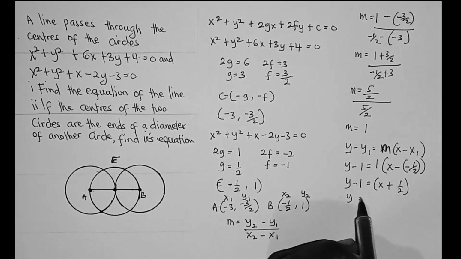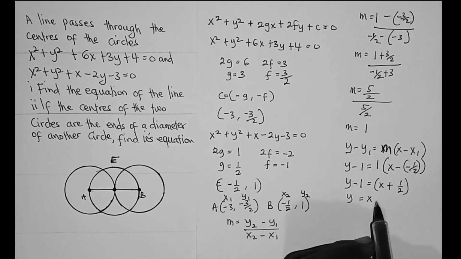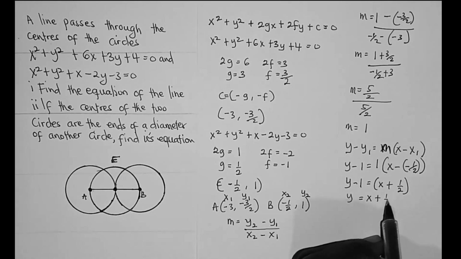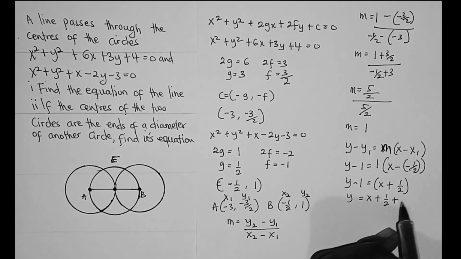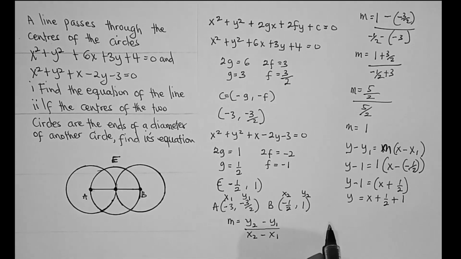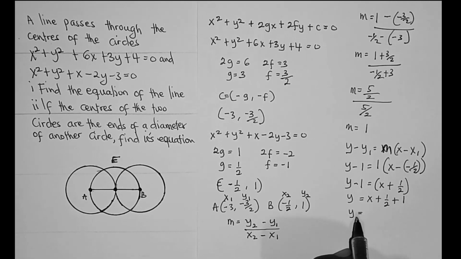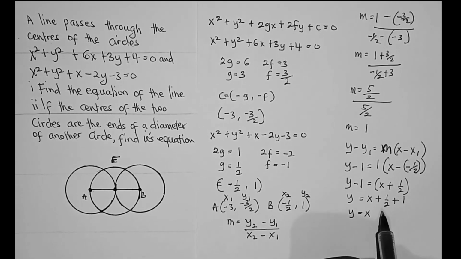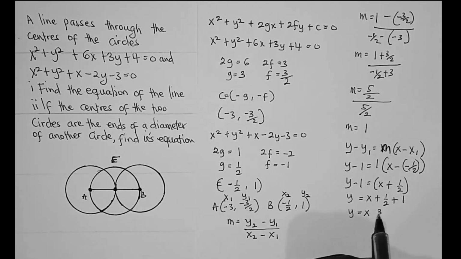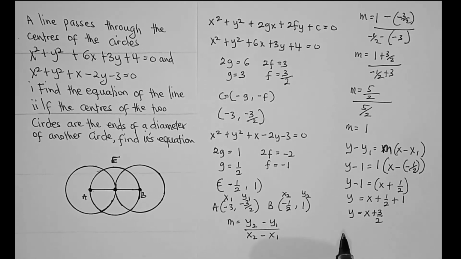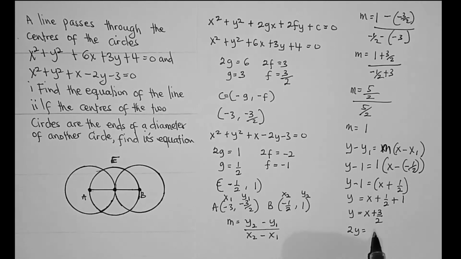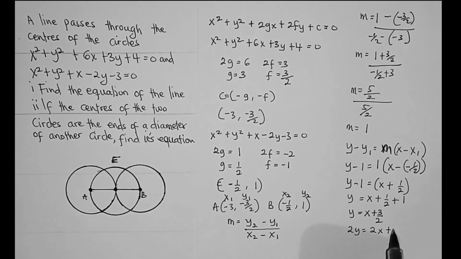So y is equal to x plus 1 over 2 plus 1. So y is equal to x, then 1 over 2 plus 1 is 3 over 2, so plus 3 over 2. So let's multiply through by 2. It becomes 2y is equal to 2x plus 3.